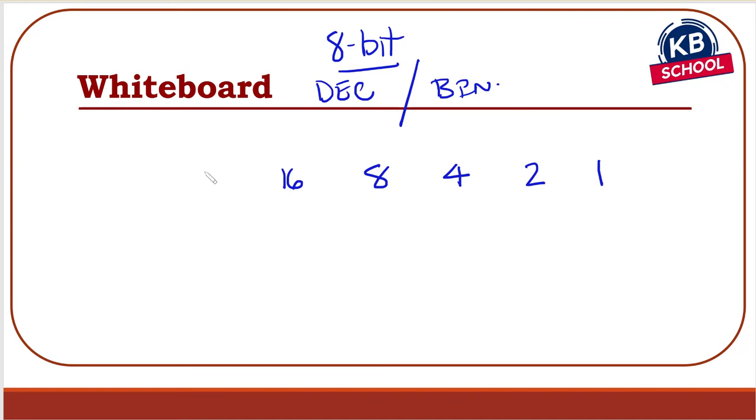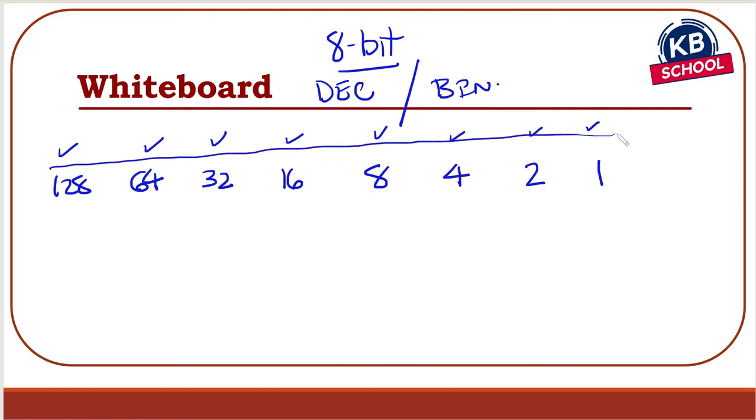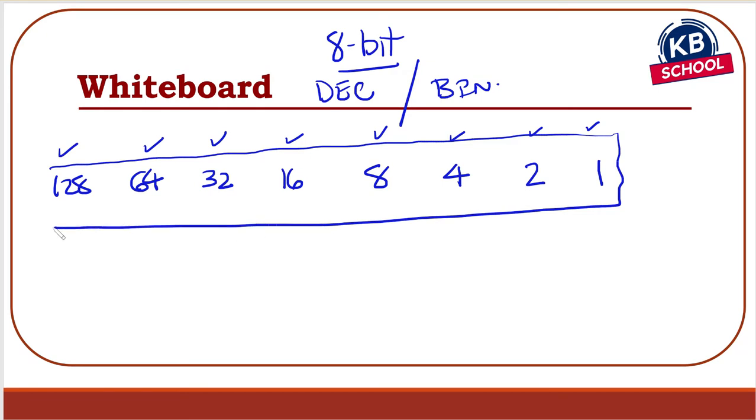Double 16, it becomes 32. You keep on doubling until you get 8 digits: 1, 2, 3, 4, 5, 6, 7, and 8. You have 8 numbers over here. These are the bit values. This table will help you do the conversion between binary and decimal.